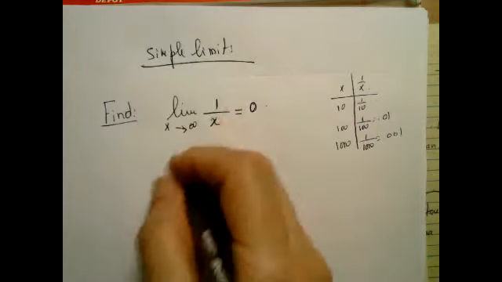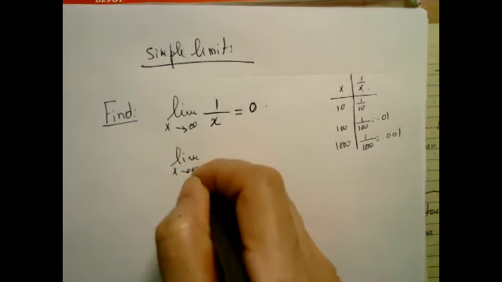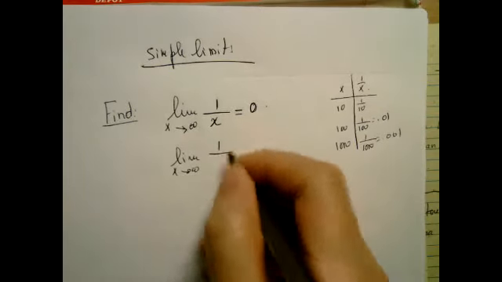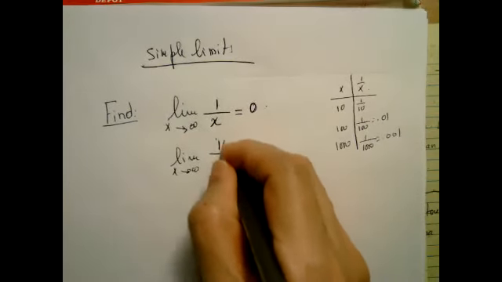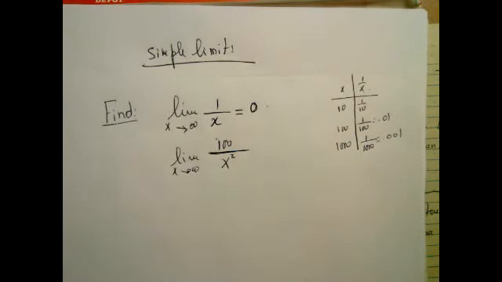And it's not only for 1 over x. Suppose I take, actually, let me take 100, that's nicer, over x squared. What do you think the limit is going to be? Also 0. Do you agree with him?